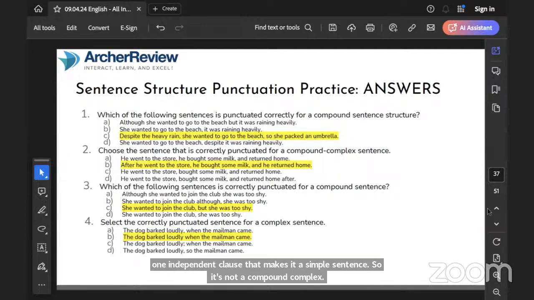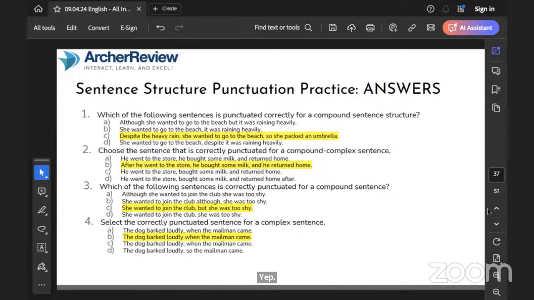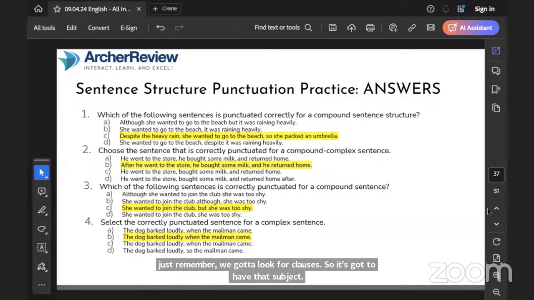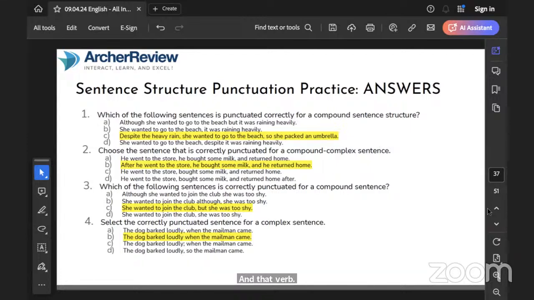Yep. So what probably threw you off, I'm not sure if it did, but I'm thinking that probably what threw you off was the fact that it had those 3 commas in there and it was separating out phrases instead of clauses. Am I correct? Yep. So just remember, we got to look for clauses. So it's got to have that subject and that verb and possibly a complete thought.